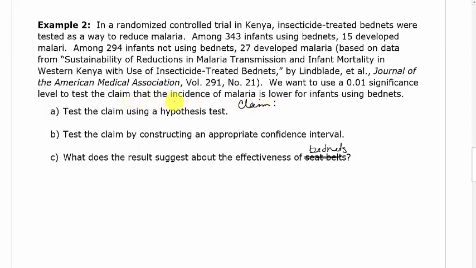The claim is that the incidence of malaria is lower for infants using bed nets. And in this problem, when we calculate our p-hats, p sub 1 is for infants using bed nets.